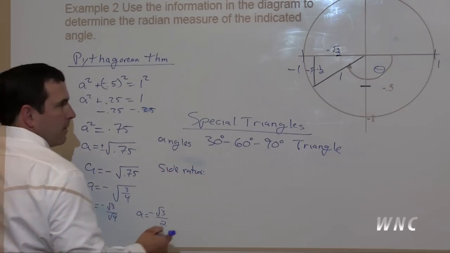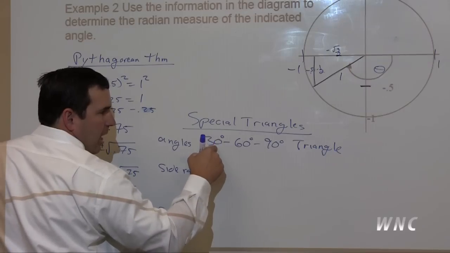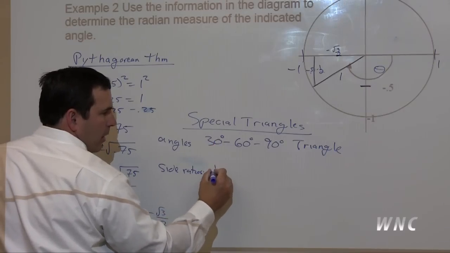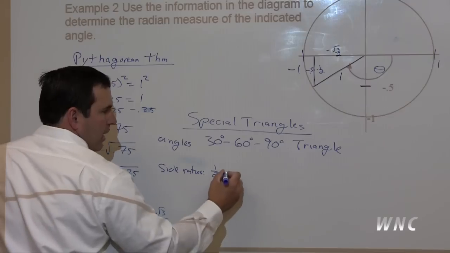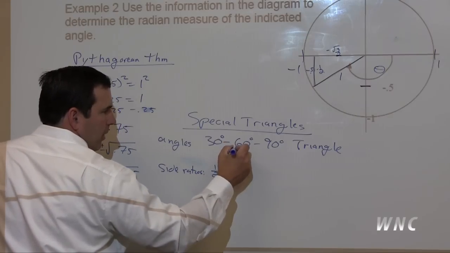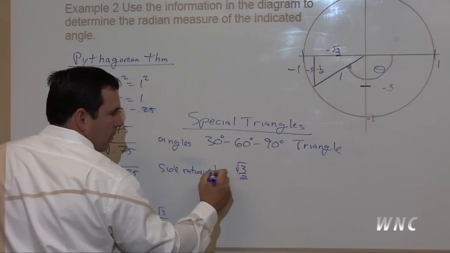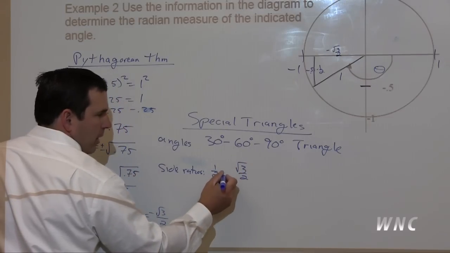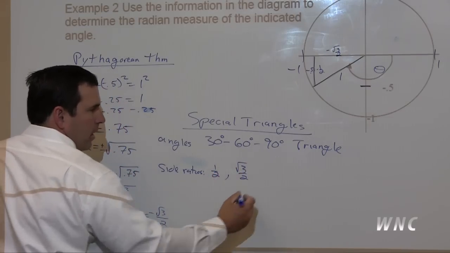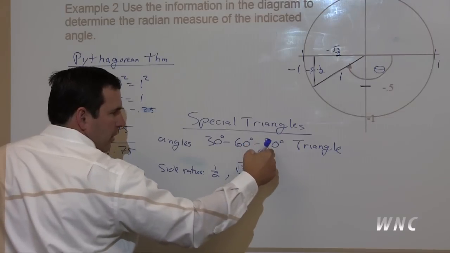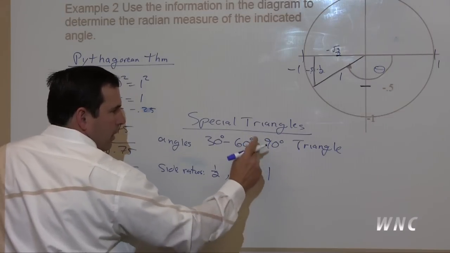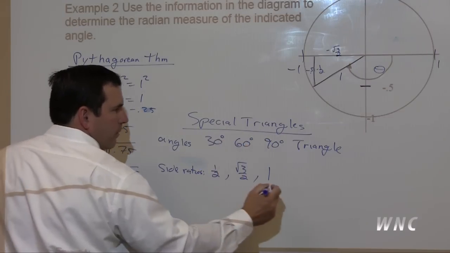The side ratios are this. The side opposite the smallest angle is 1/2. The side opposite the middle angle is square root of 3 over 2. And the side opposite the biggest angle is 1. That's the ratio of the sides.